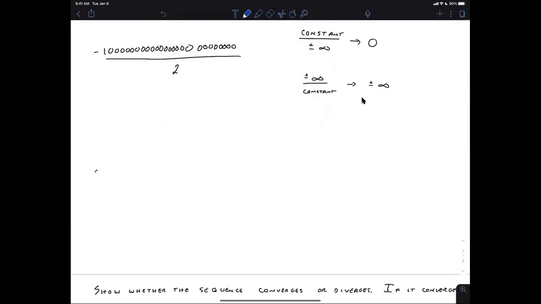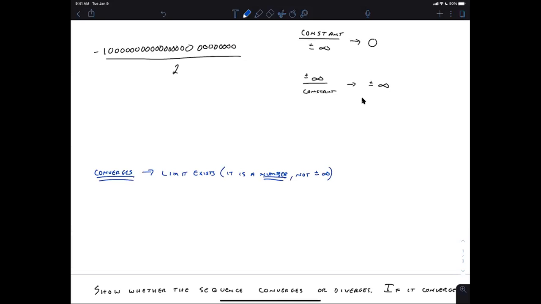So when we say a sequence converges, we're saying the limit exists, that the limit is a number, not plus or minus infinity.